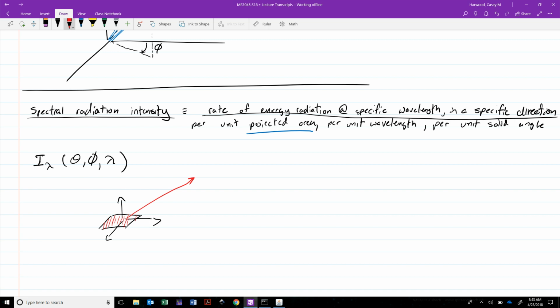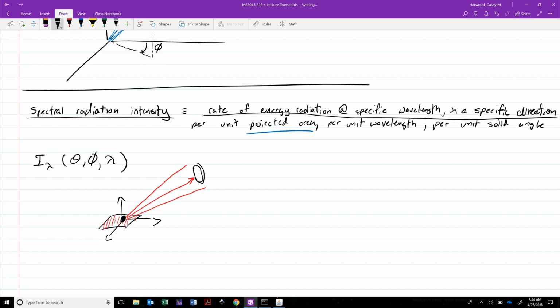This ray here is defined by a theta and a phi. And then let's say we're interested in figuring out how much radiation is being shed, not just in this direction, but across some solid angle in this direction. So if we put an object in its path, the question now becomes, how much radiation is being shed from this little point on this surface in this direction across this small solid angle.